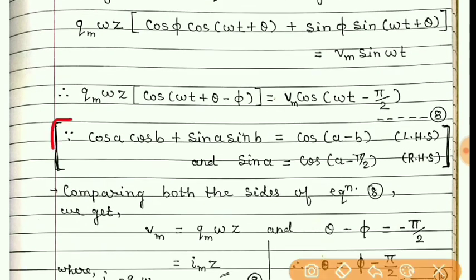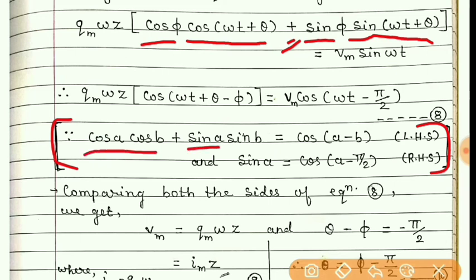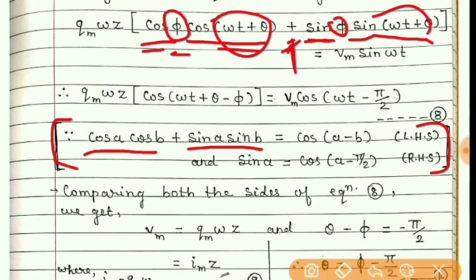Then applying trigonometric rules or formulas, if it is cos phi cos(omega t plus theta) plus sin phi sin(omega t plus theta), then we can apply the formula cos a cos b plus sin a sin b. You can see this is your a and this is your b, so it is cos a cos b plus sin a sin b.